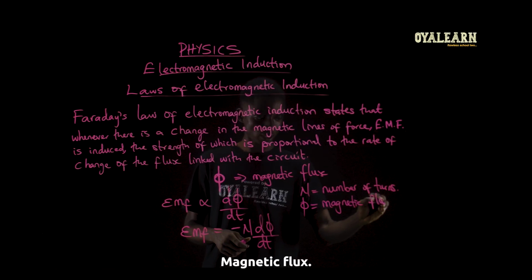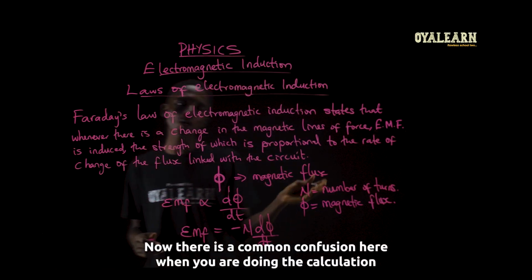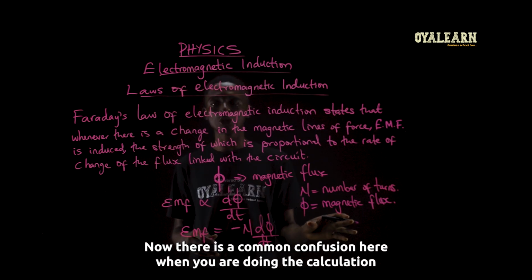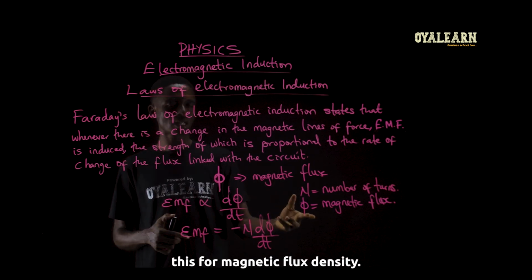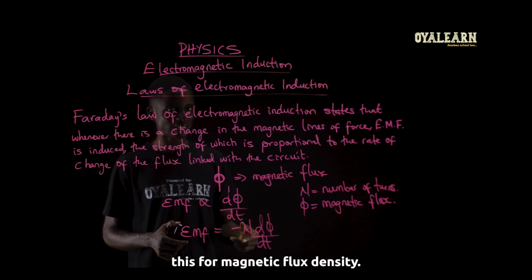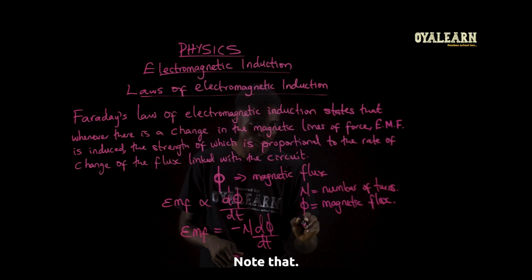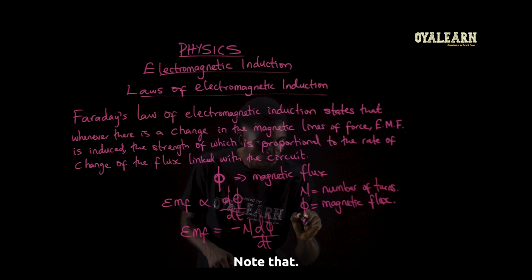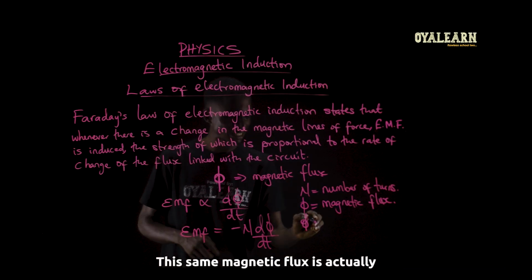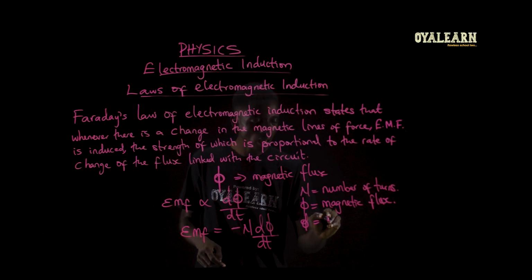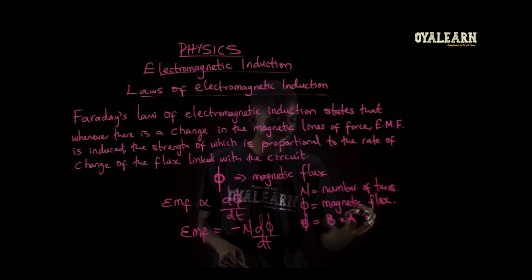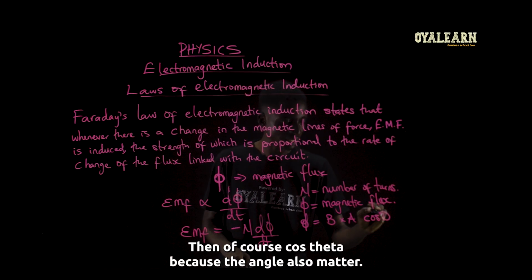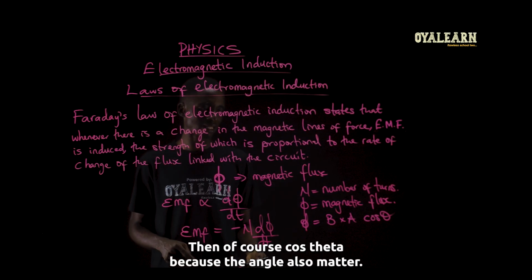Now, there is a common confusion when you're doing the calculation involving this equation, and that is when students mistake this for magnetic flux density. Note that this magnetic flux is actually magnetic flux density multiplied by area, then of course cos theta, because the angle also matters.